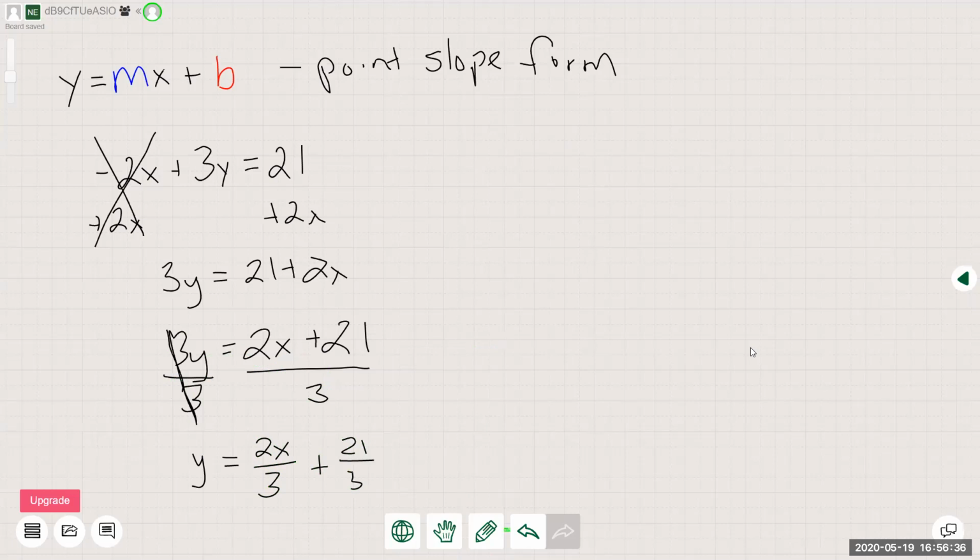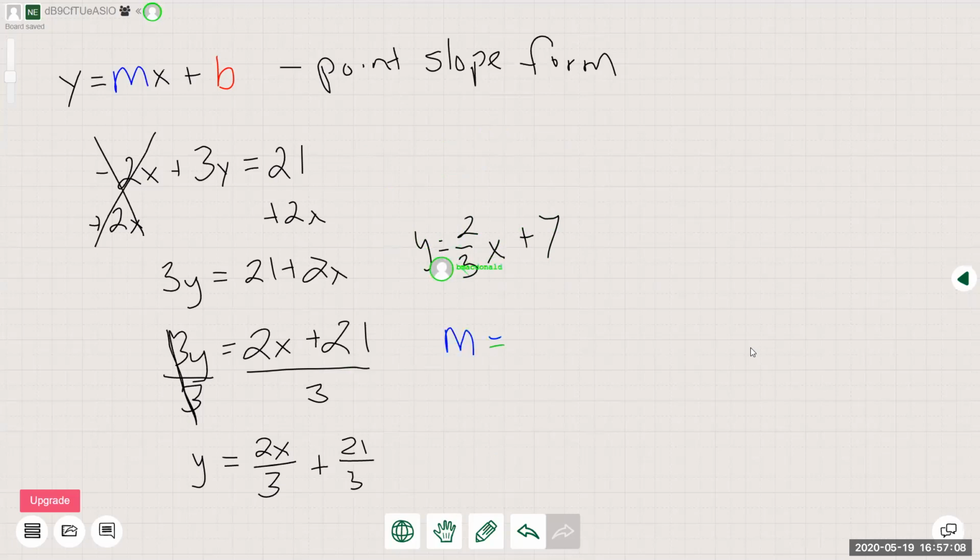So from here, we'll go y equals, and now we can just move this 2/3, the 2 and the 3, and the x off to the side. And then we'll have plus 7, because 21 divided by 3 is 7. So now that we have it in point slope form, we have that 2/3 x plus 7 in the right format, we can now identify what our slope is.